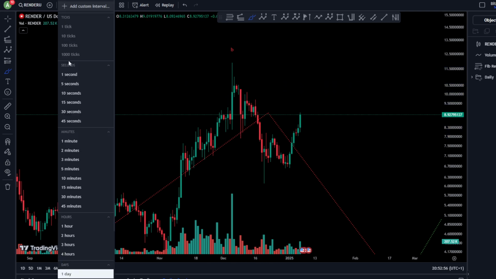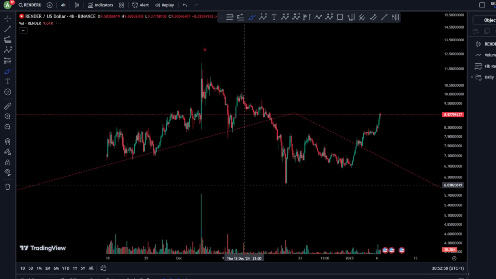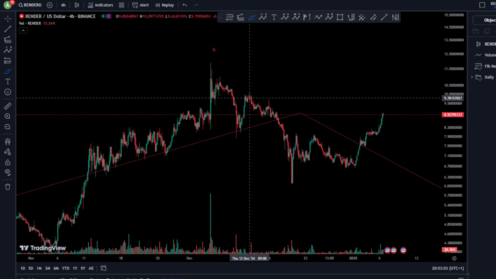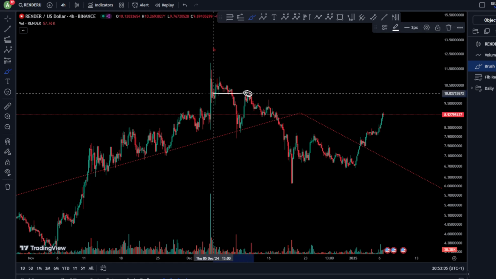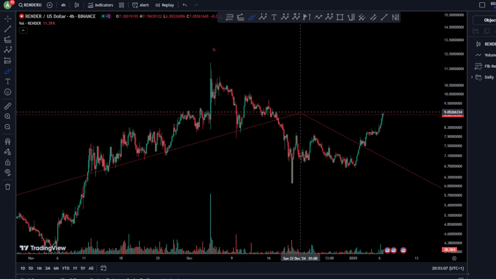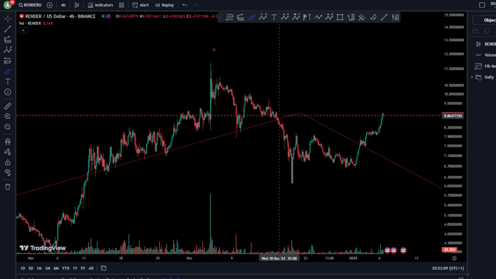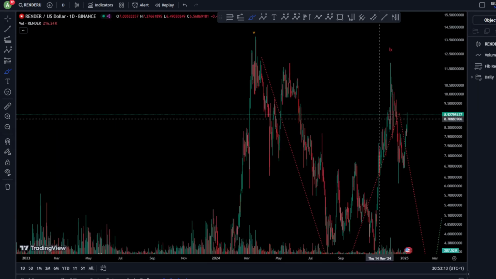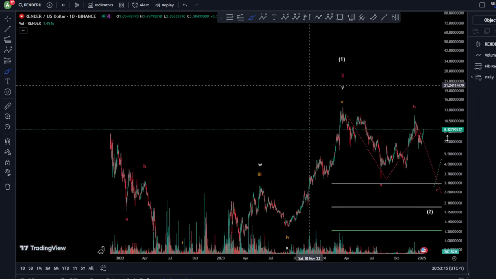Let me check maybe on the 4-hour chart. So 1, 2, 3, 4, yes, your wave 4 already interferes with your wave 1, which is not nice to see again.